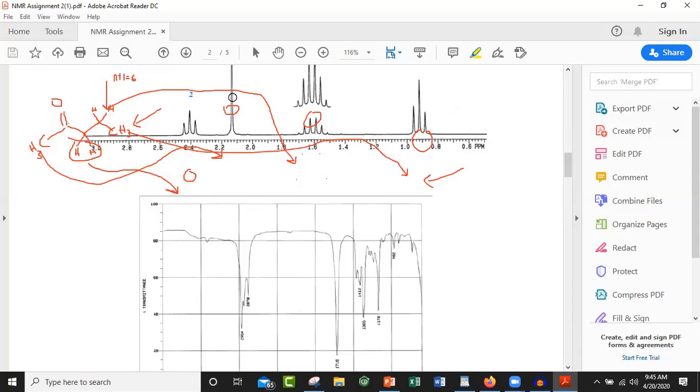You'll look for this right here. That's alkyl stretching in the infrared. And then you'll look for this. That's a typical carbonyl stretch.